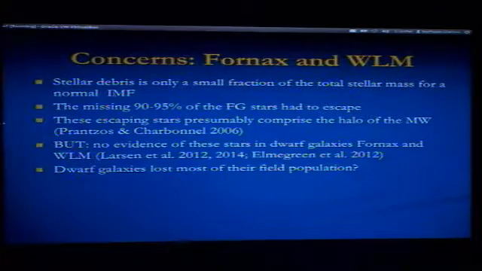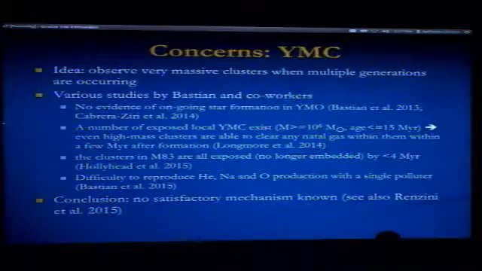a dwarf galaxy, the idea is that if you look in there, you may count how many stars are in the field that can be the progeny, can be the first generation stars from which the globular cluster formed. And the result is that essentially you find not enough stars there.